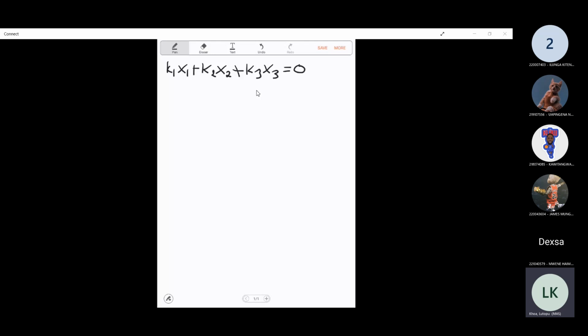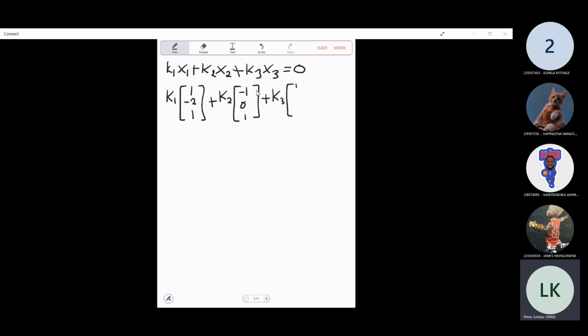So doing that is not difficult. So we have k1. Our first one is 1, minus 2, 1. And then k2. This is minus 1, 0, and 1. Then k3. This is 1, 1, 1. This is equal to the 0 matrix.